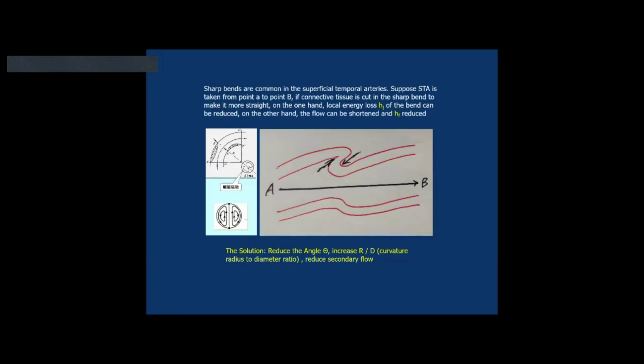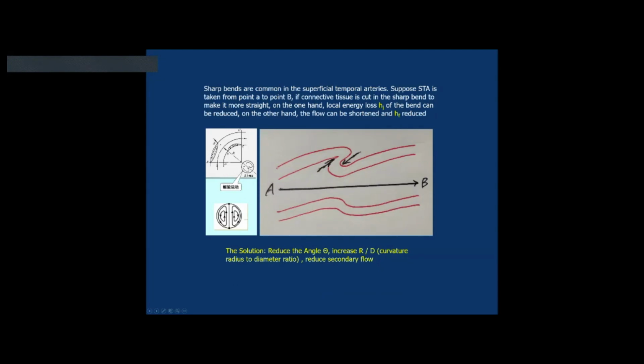We can also find sharp bands quite common in STA. Suppose STA is taken from point A to point B. If the connective tissue is cut in the sharp band to make it more straight, on the one hand, the local energy loss Hj of the band can be reduced.